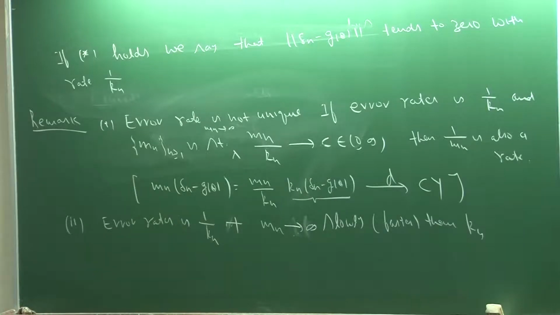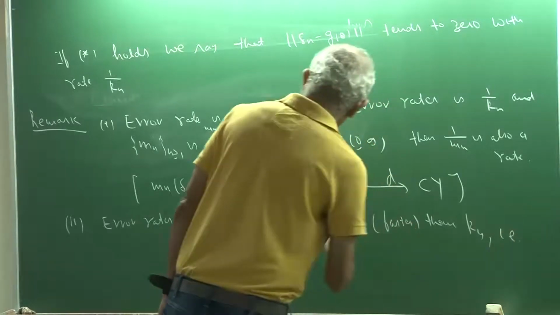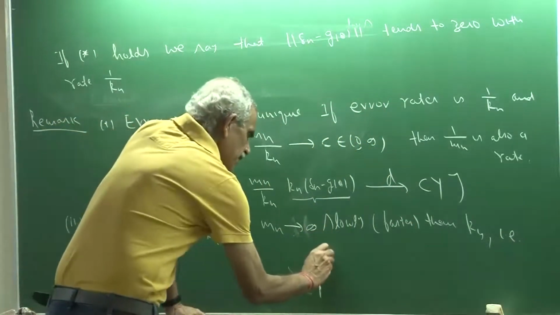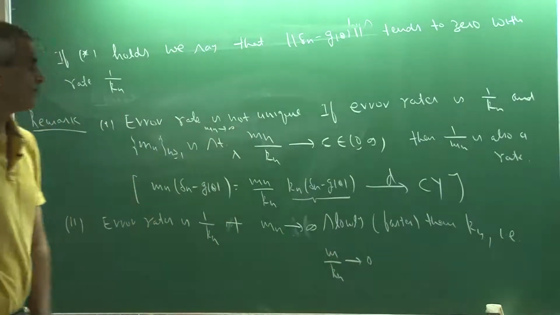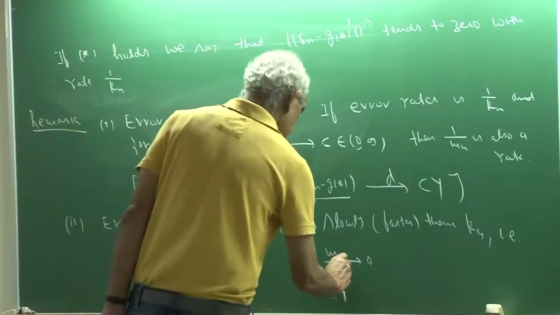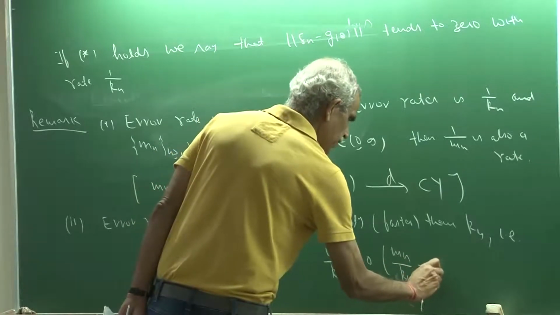What does that mean? If it goes slower, that means Kn is going to infinity much faster, so Mn by Kn goes to 0. And if Mn goes to infinity at a faster rate, that means Mn by Kn goes to infinity.